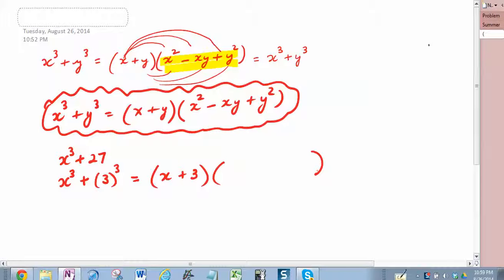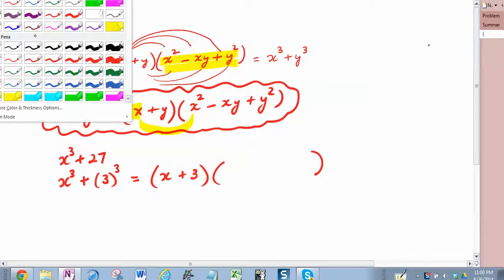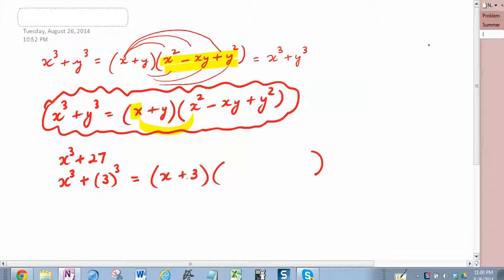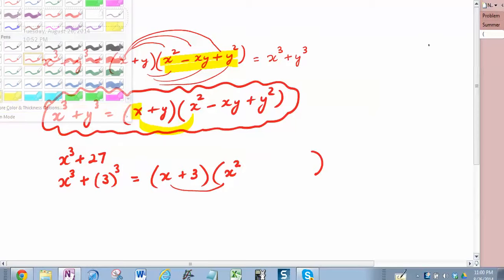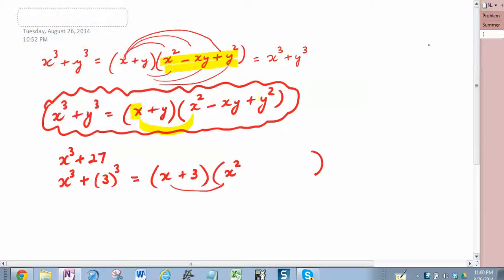How is it constructed? You take the first number that's being cubed and you square it. And that will give you the first term in the second factor. Then I usually look at the last term.